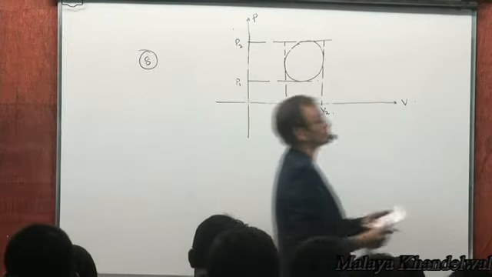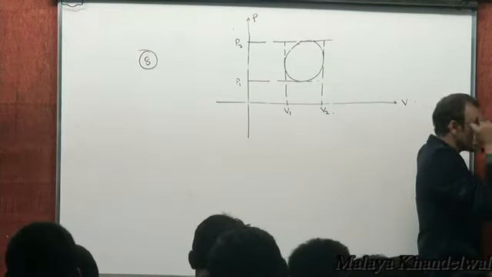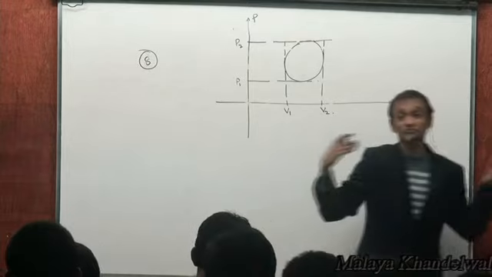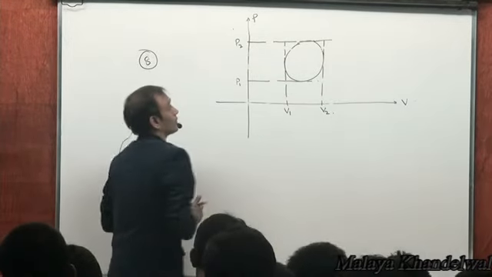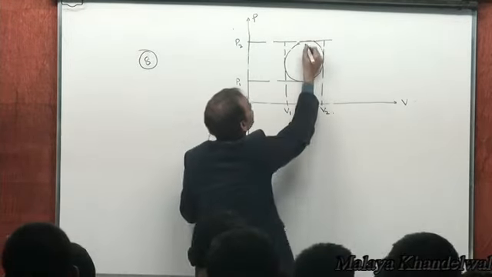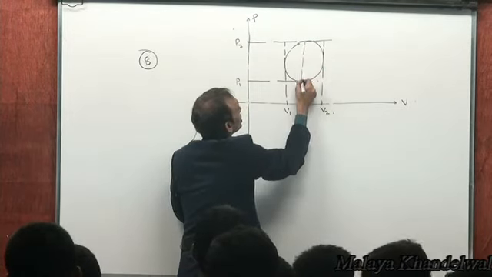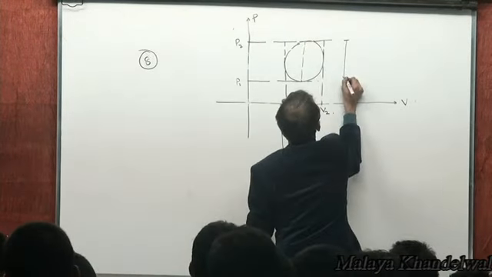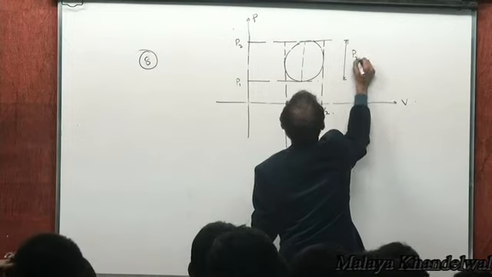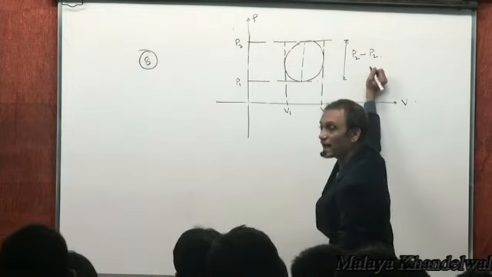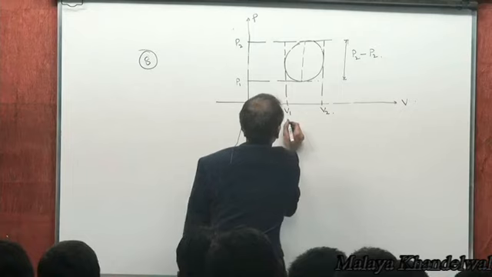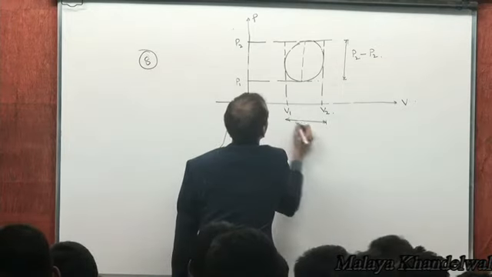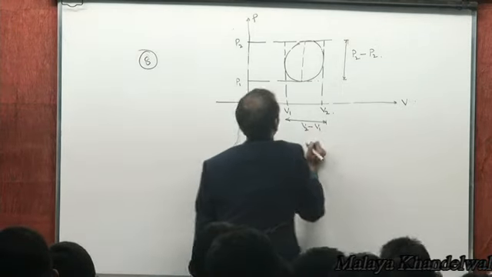In this case you have to ensure that P and V are in different scales. If you look at the figure this way, then realize that this diameter is P2 minus P1. But if you look at it this way, then the diameter is V2 minus V1.